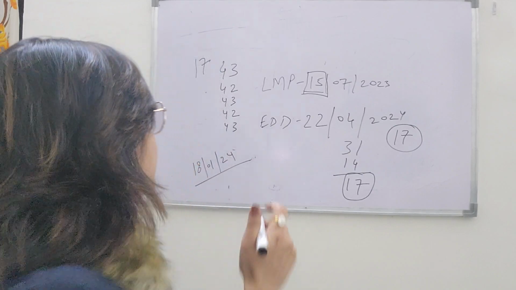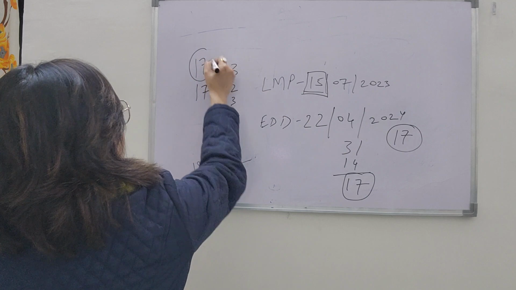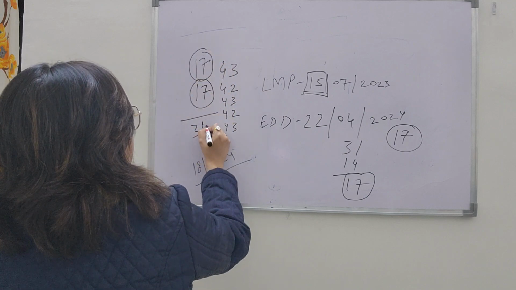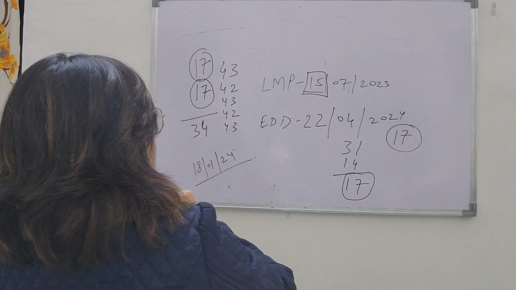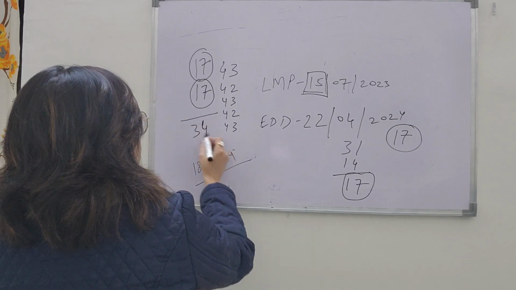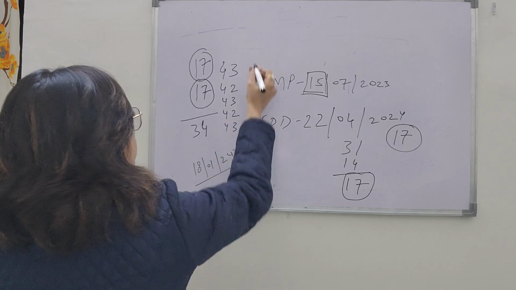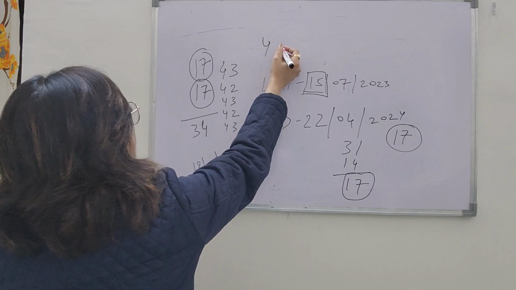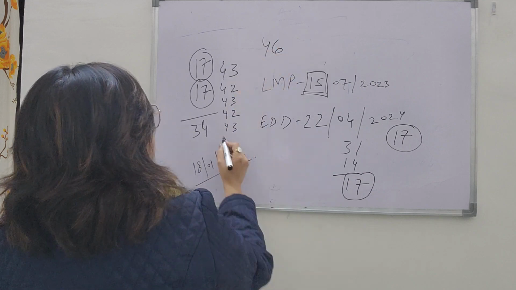So 17 days of January. So 17 days of July, 17 days of January, that is 34 days, which means how many weeks? It means it is like 4 weeks and 6 days, right? 4 weeks and 6 days.